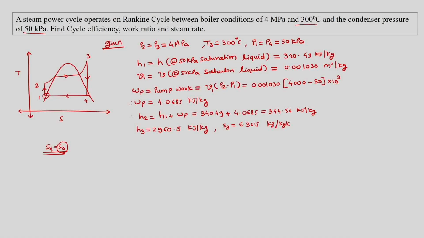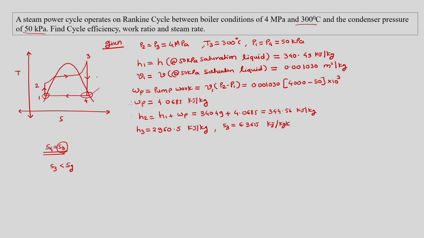So we will find out what is the saturation fluid entropy or saturation vapor entropy for the 50 kilopascal case. And now if our S3 is greater than that, then we would understand that the point 3 is in the superheated part. But if our S3 is less than Sg, then we are in the wet dome as it is shown over here.